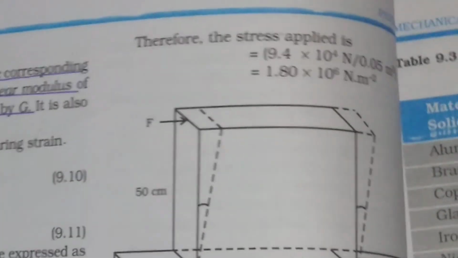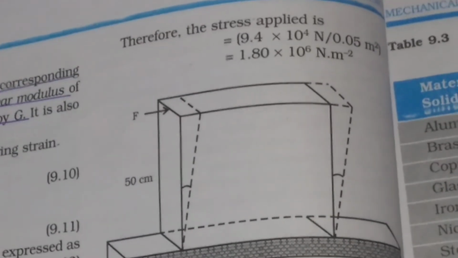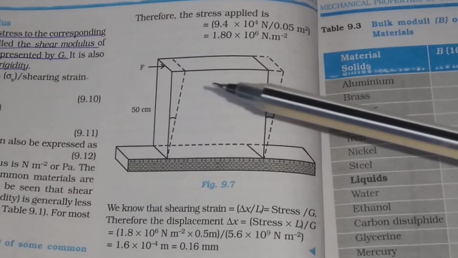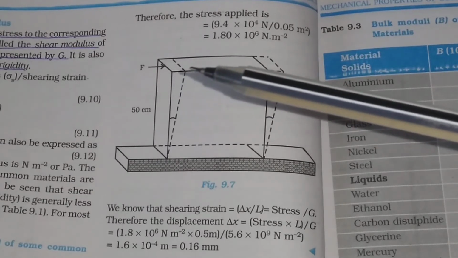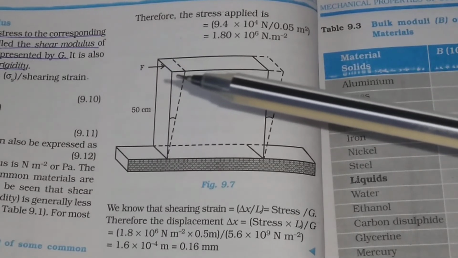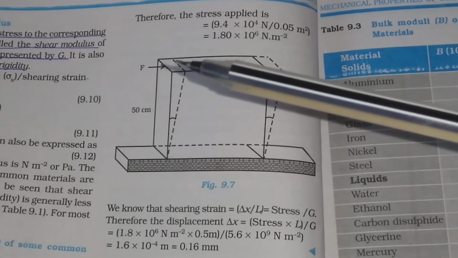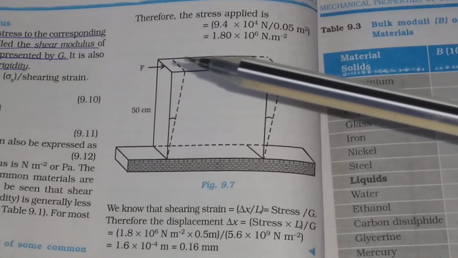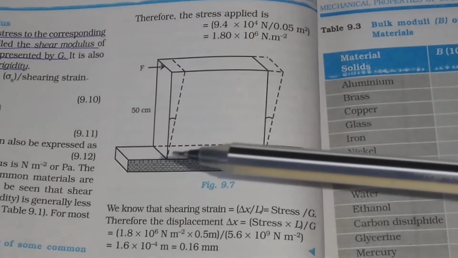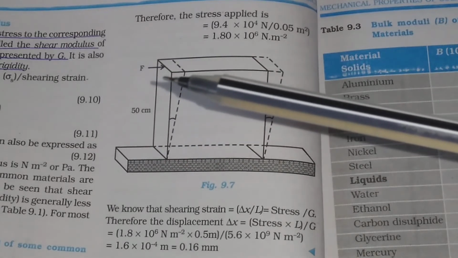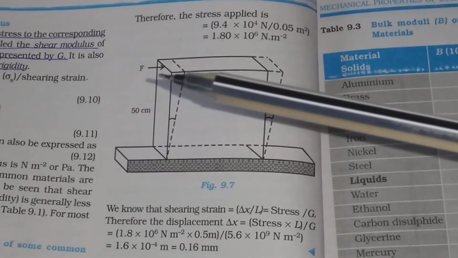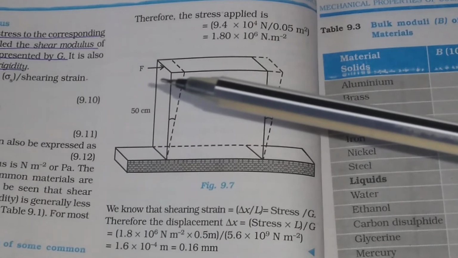You see, this is your lead slab, and the thickness of this slab is equal to 10 centimeter, and the side is 50 centimeter. And the applied force is 9 into 10 to the power 4 Newton.